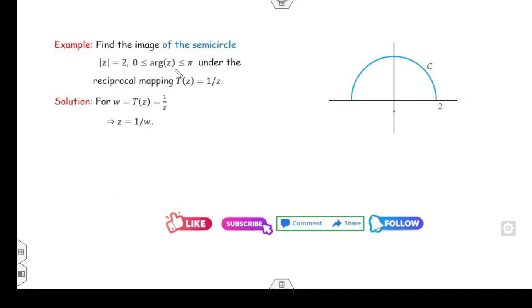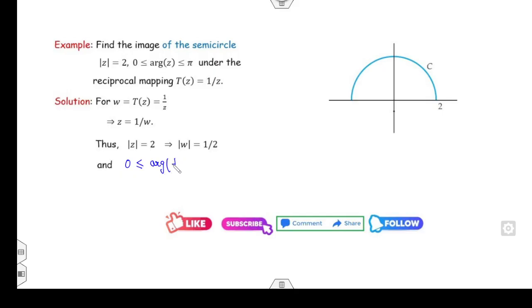Now z is equal to 1 over w. I can substitute the value in the given equation. The first one is, if you substitute, 1 over w is equal to 2. That implies w is equal to 1 over 2. For the second case, 0 is less than argument of z. Okay, I can write for you 0.